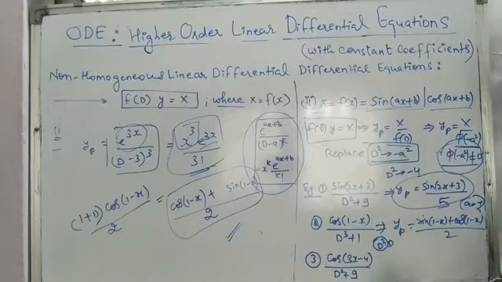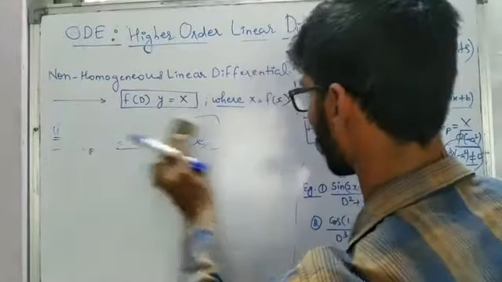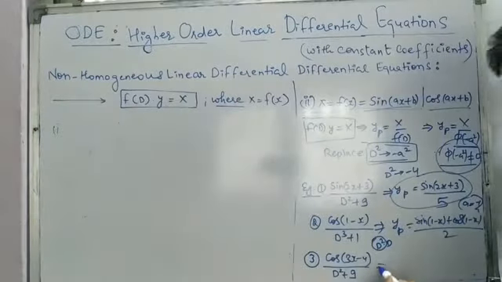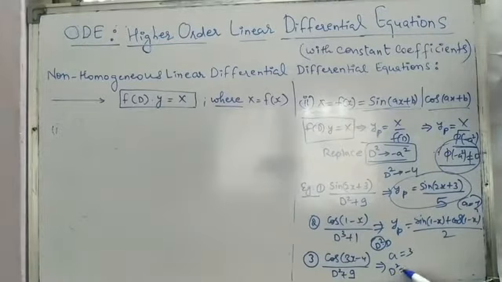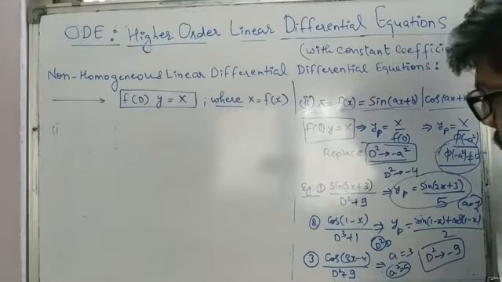And now in the third case we are going to look at the differentiation property, that if we are getting 0 in the denominator, how we are going to make use of differentiation. Here a is nothing but 3, so a square is nothing but 9, and we have to replace D square by minus a square, so minus 9, and if we put minus 9 plus 9 we get 0.